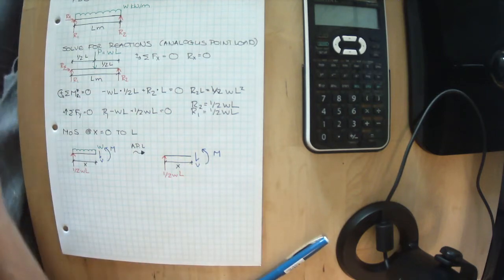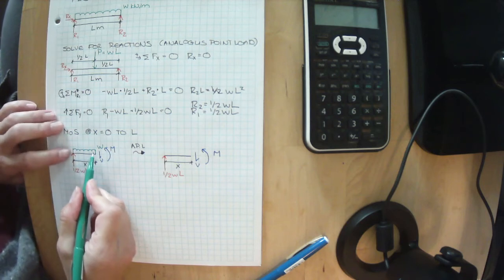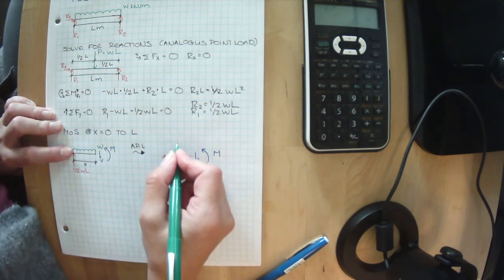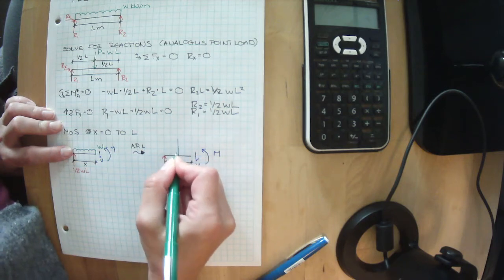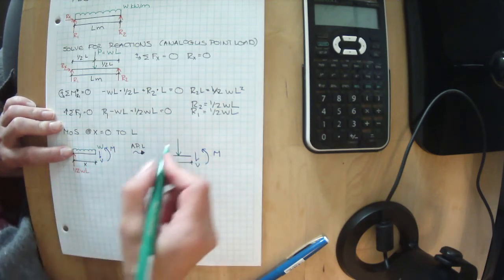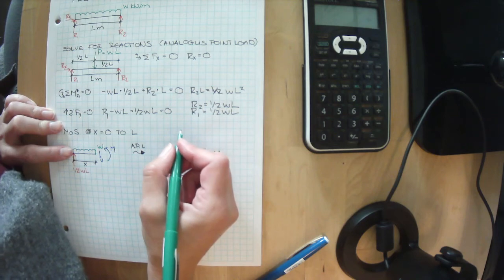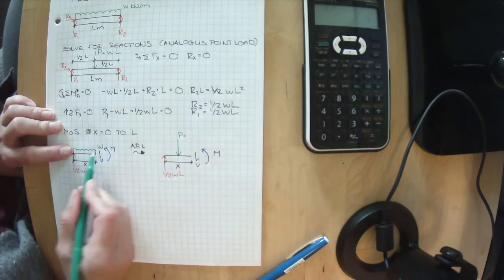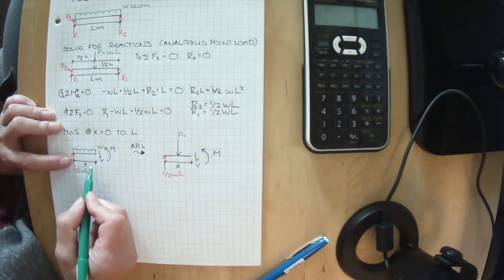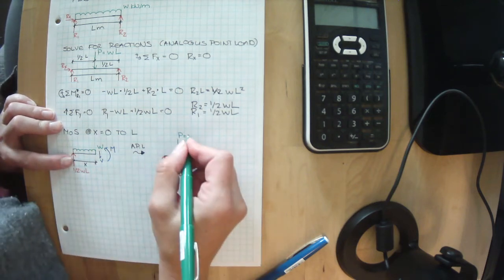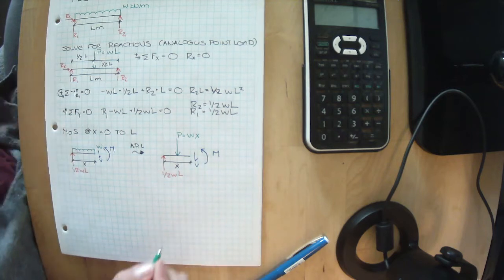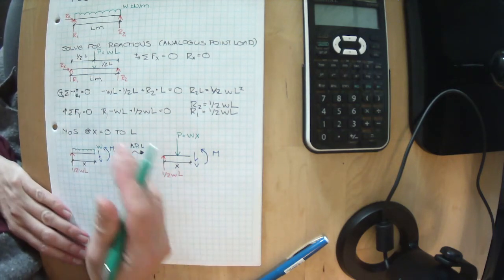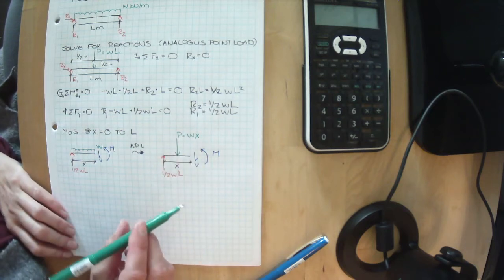But now we're going to use our analogous point load that is happening on this portion of the beam. This portion right here is P, but P is W times whatever the length of this beam is. And the length of this beam is X. So it is WX. So the amount of analogous point load is W times the length we have there.